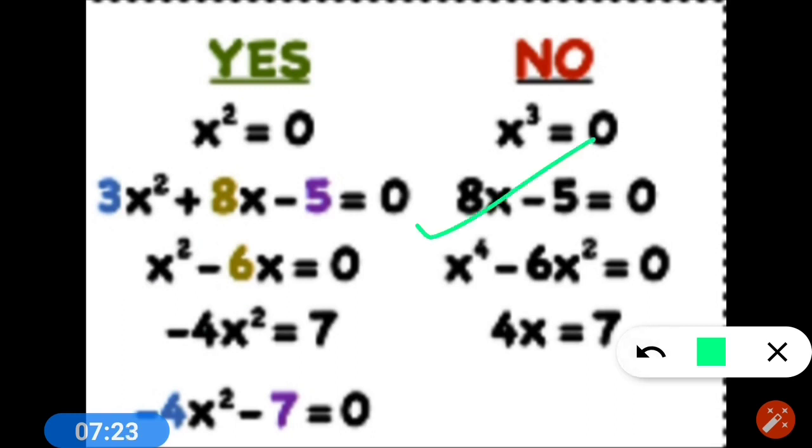Now the next one, highest power is 1, so it is a linear equation, not a quadratic equation. Similarly, in this case, the highest power is 4, so it is not a quadratic equation. Last one, 4x equal to 7: the maximum power here is 1, so it doesn't satisfy the condition of a quadratic equation.